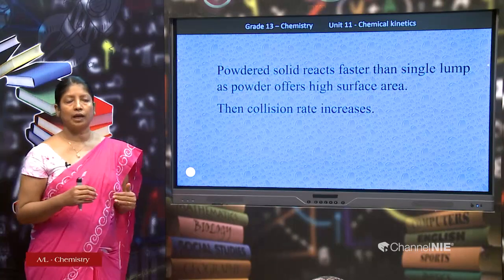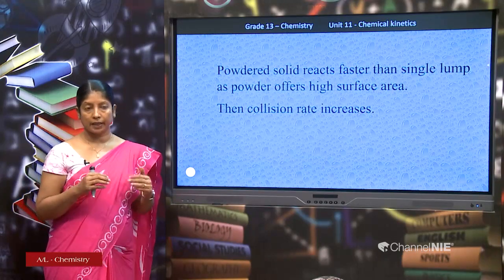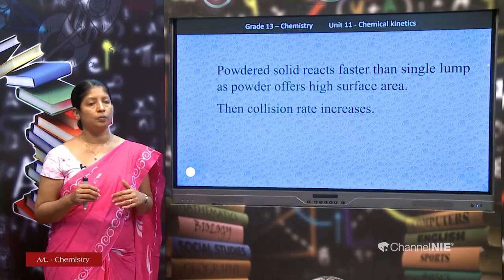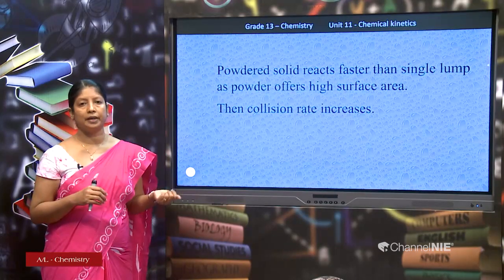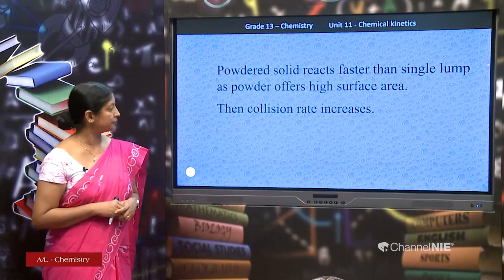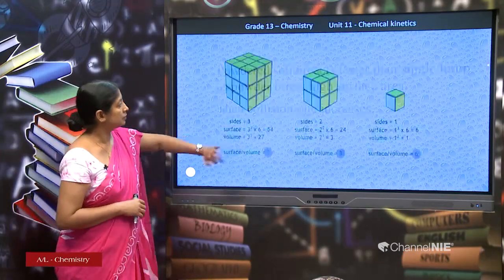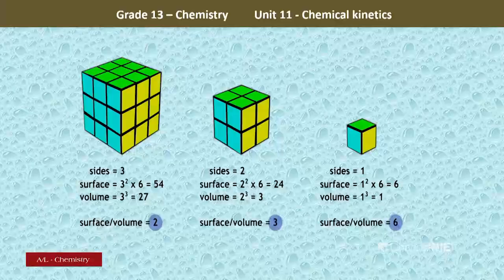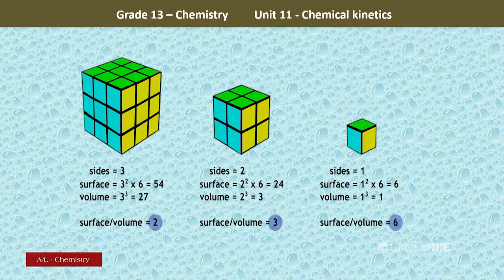So, whenever we have a solid reactant in powdered form and in lump form, the powder will offer a higher reaction rate. Here you can see in the diagram, when the particle size is small, the contact surface area is high.